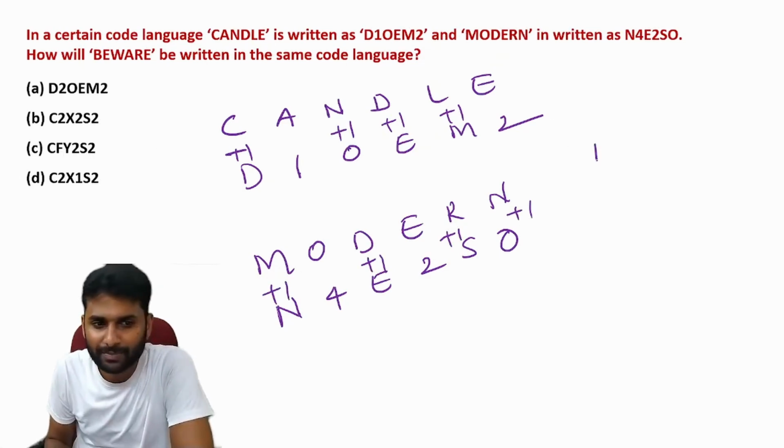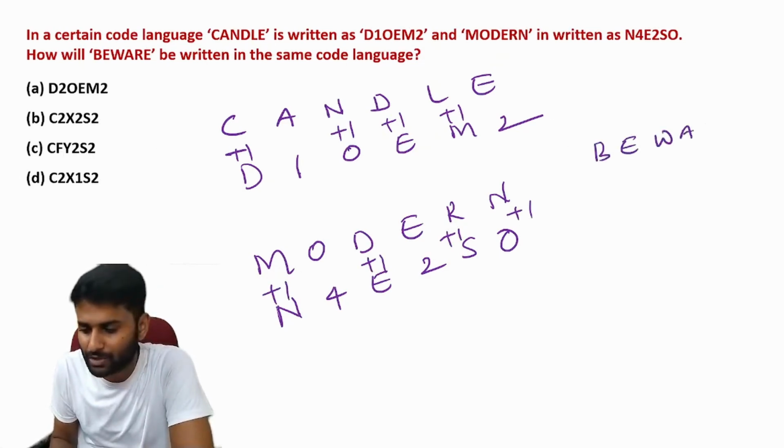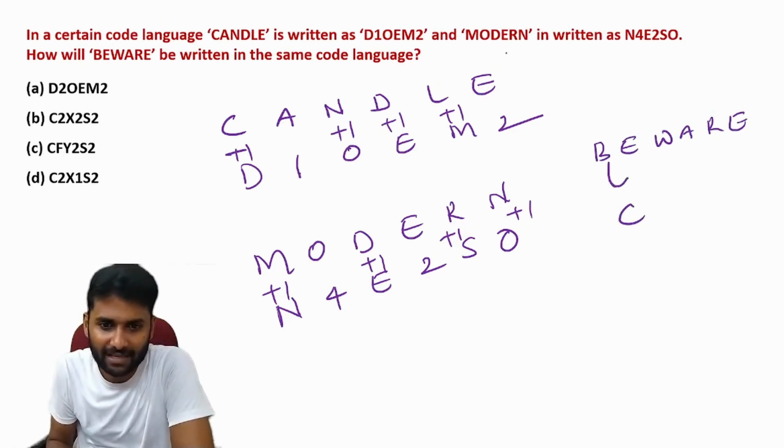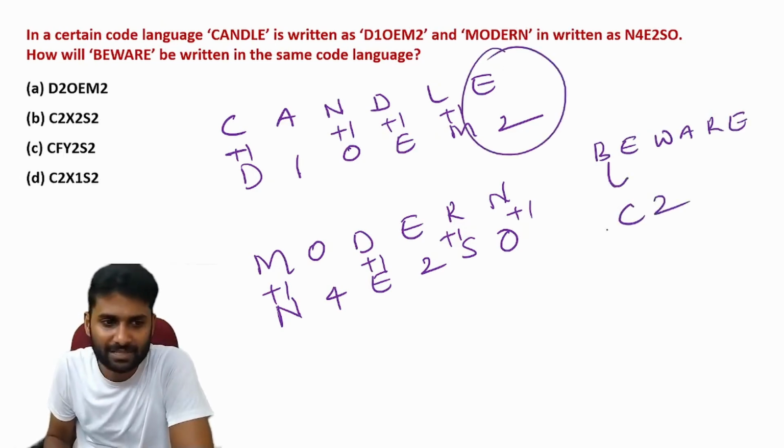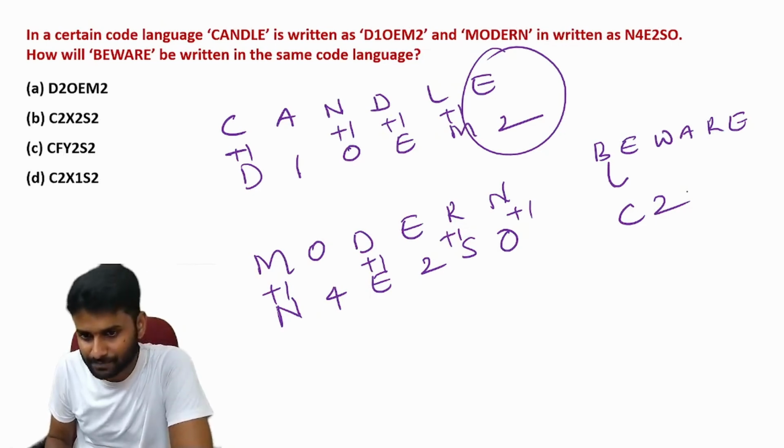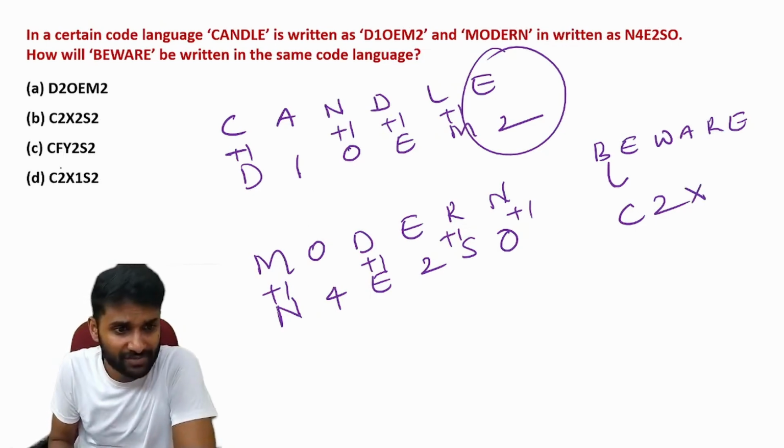So if you go through BEWARE, here B plus 1 gives C, and E. If you observe the given comparison, E must be coded with a 2. So W, the next letter is X. So we require C2X in the option.